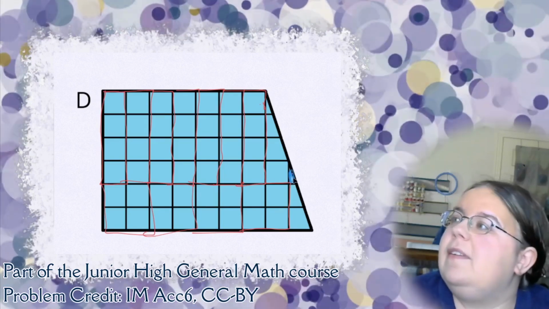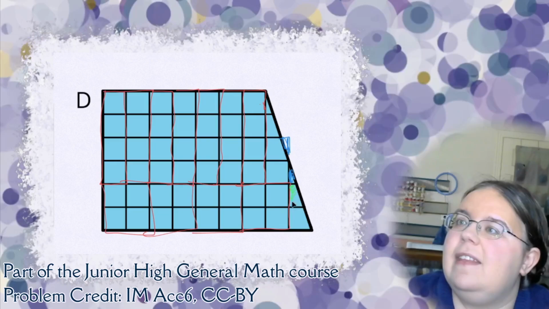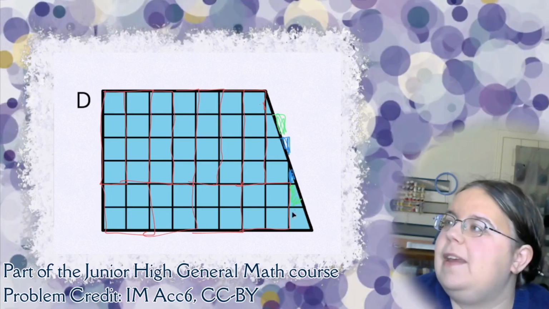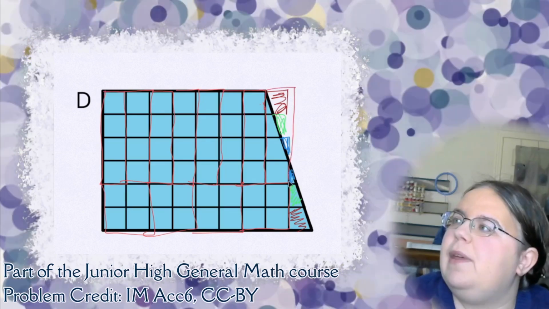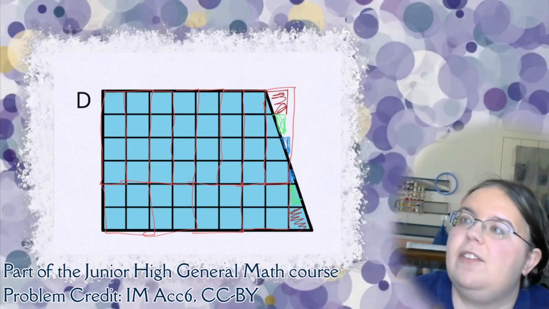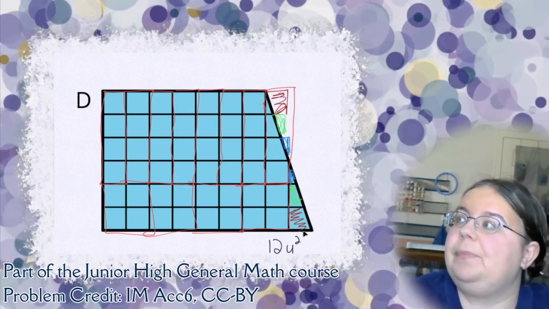And then I would do the same decomposition and recomposition that I did for option B to make the 12th area unit. So either way, we still get 12 square units of area.